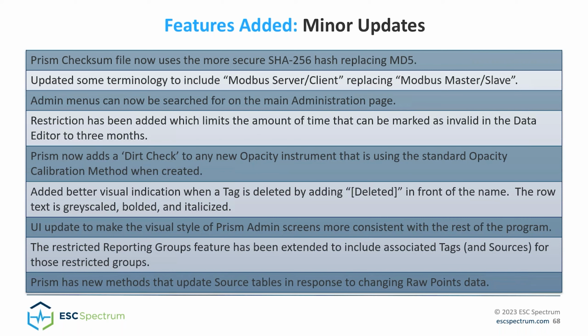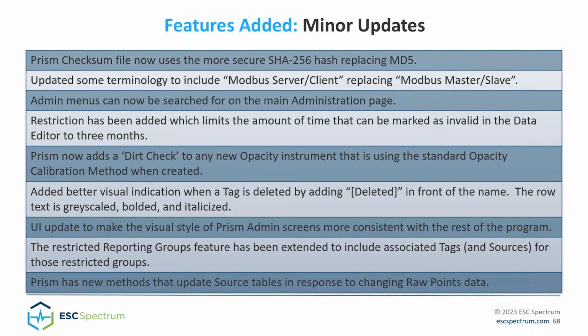We have some minor updates here, just little things that didn't require their own slide. Prism's using a more secure hash, replacing MD5 with SHA-256. We're updating some terminology for Modbus server.